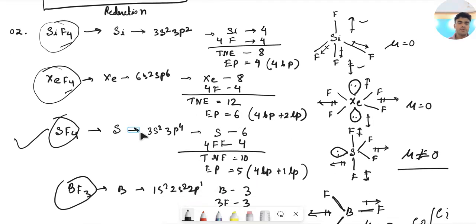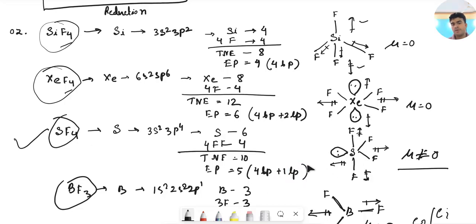Next we'll come to SF4. Sulfur has an electronic configuration of 3s2 3p4, so the last orbital has 6 electrons, and 4 fluorine contribute 4 electrons. Total number of electrons is 10, electron pairs are 5, and out of this 5, 4 will be bond pairs and 1 will be a lone pair.